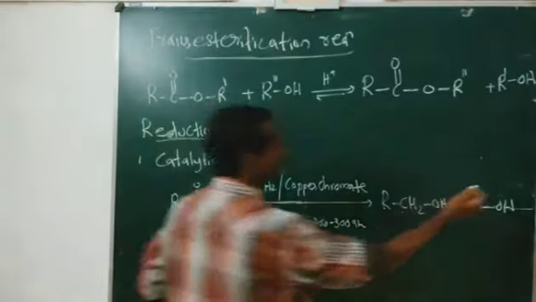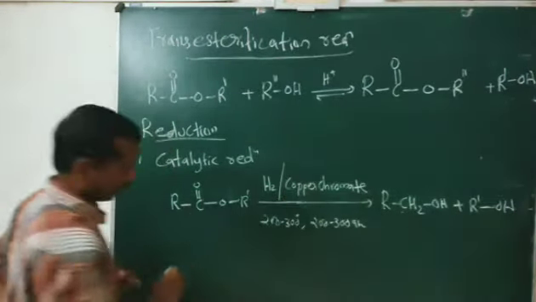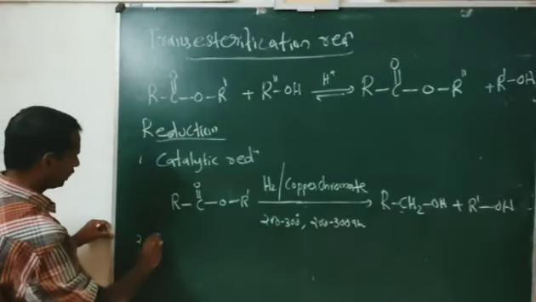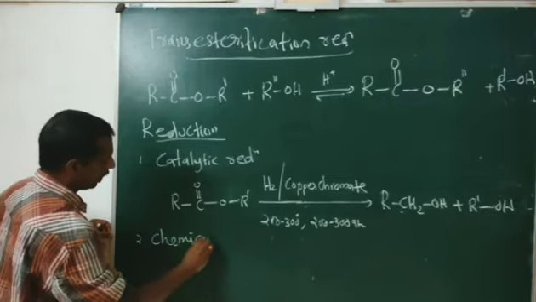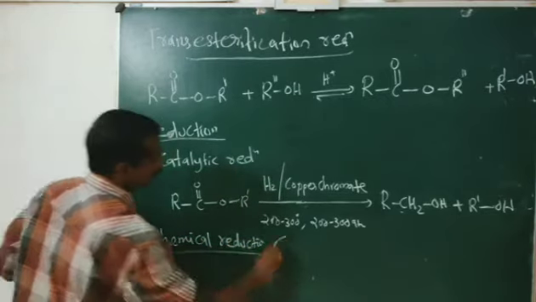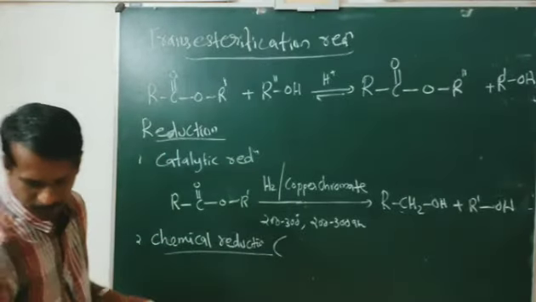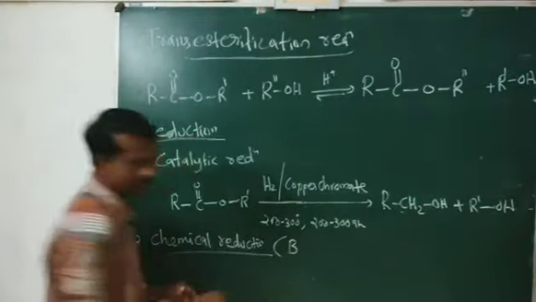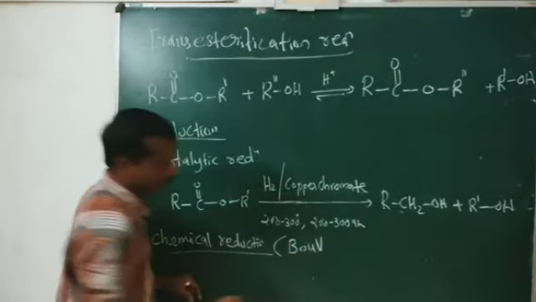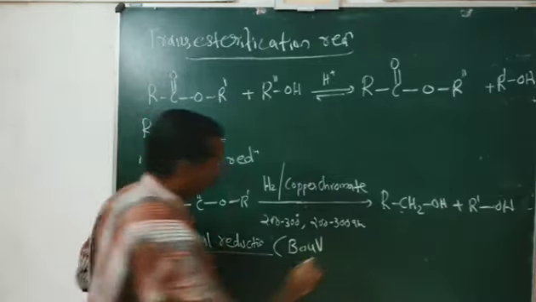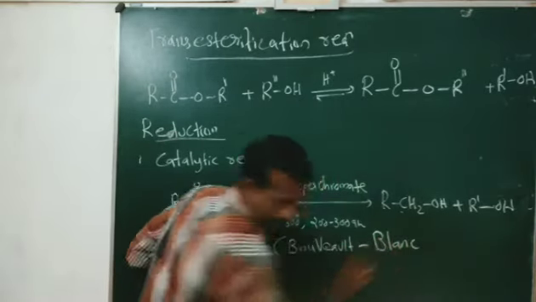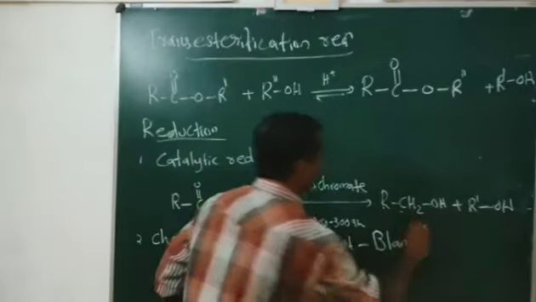Now next is chemical reduction. The last one, reduction: the first one is catalytic reduction, and the second one is chemical reduction. This is known as Bouveault-Blanc reduction, B-O-U-V-E-A-U-L-T, Blanc, B-L-A-N-C.